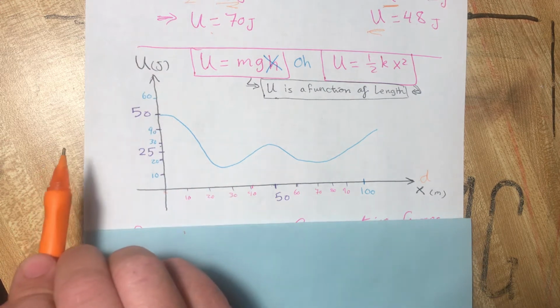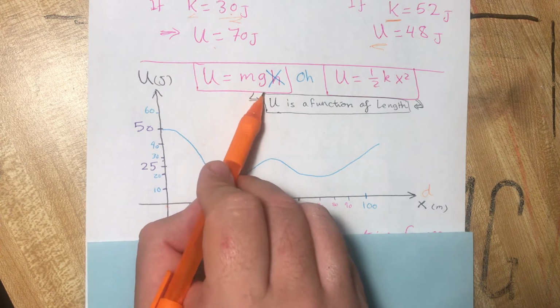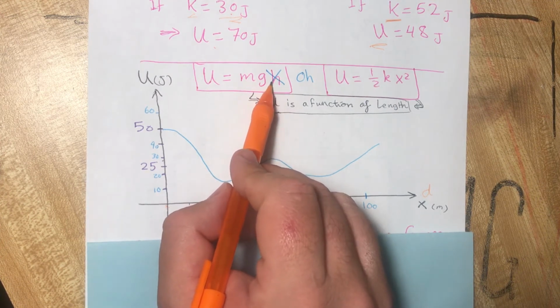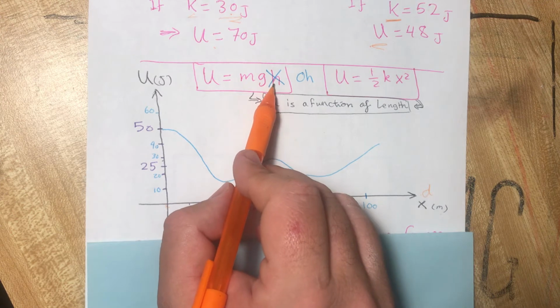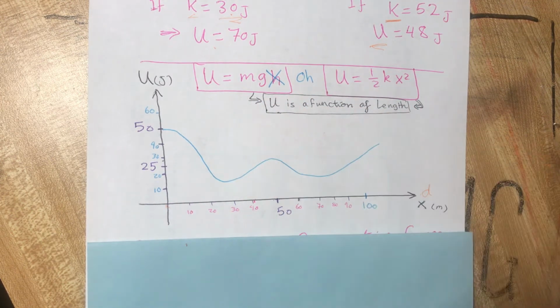We know that the gravitational potential energy is mgh. We can put x in the place of h, because x is a length or height. H in general is a height, it's a length.